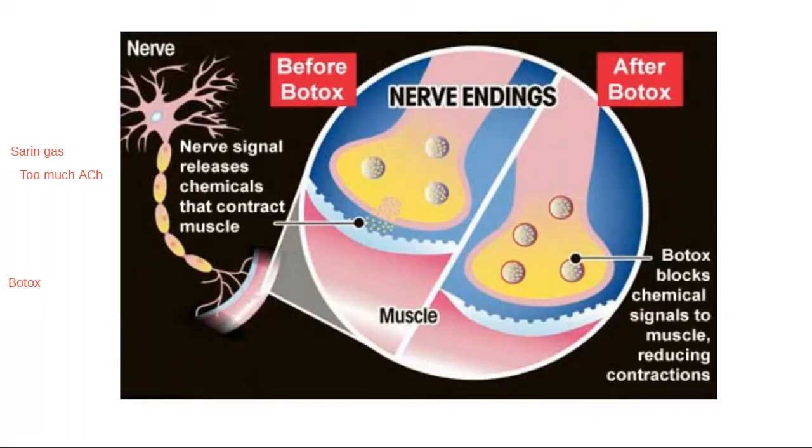When we talk about Botox, what would we say about acetylcholine? Too much or too little? When someone has Botox, what's going on with their acetylcholine? Yeah, when someone has Botox, they have too little acetylcholine, or more accurately, they have no acetylcholine. So these conditions showed us the two opposite extremes, if you will.